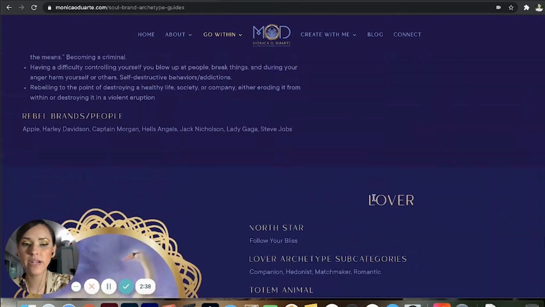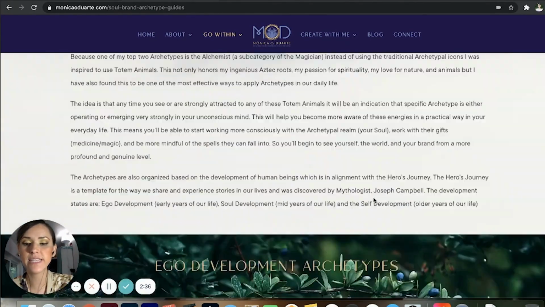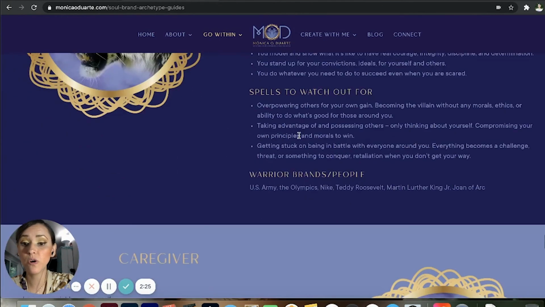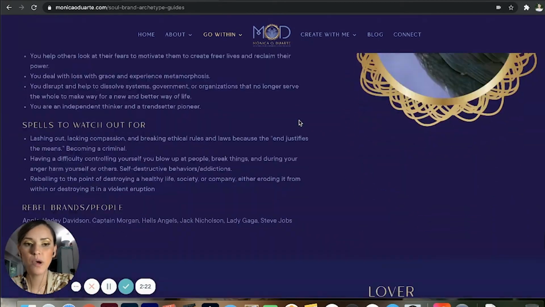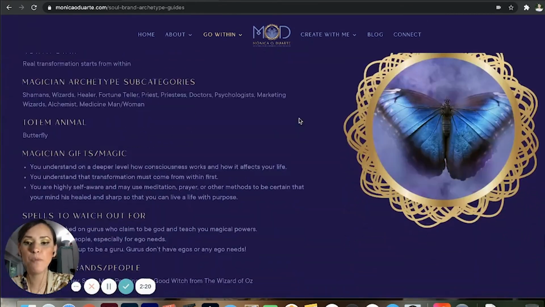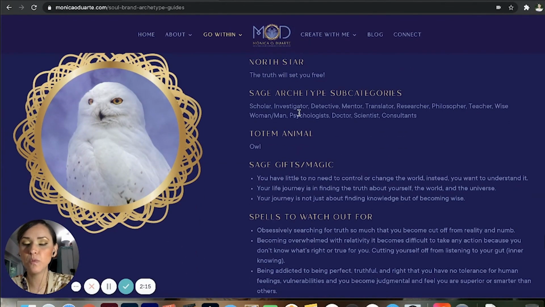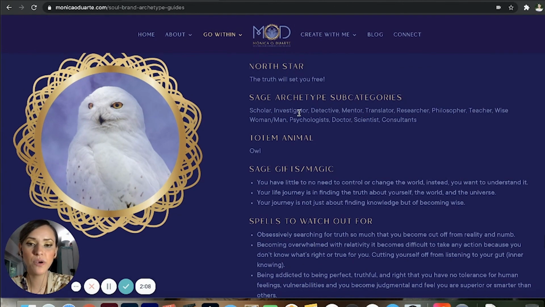And the way that these archetypes work, they actually start off with the innocent, and I'm talking more on an unconscious level. We start off with an innocent in our lives, and then we go through the process of all these archetypes throughout our lives, and then we get back to the innocent. And there's a very specific way that happens, and I will talk about this in a future video. I don't want to go into this right now because that's not the focus of this video. But yeah, so this is where you can go to find all the other archetypes and get more information.